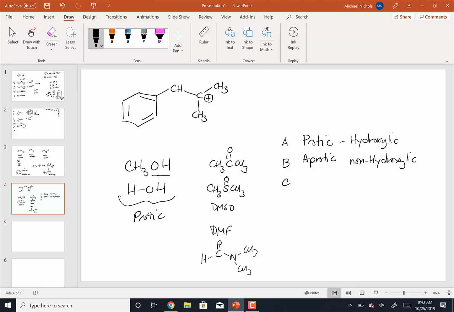So the question is, which solvent does SN1 go faster in? Which solvent does SN2 go faster in? Okay.